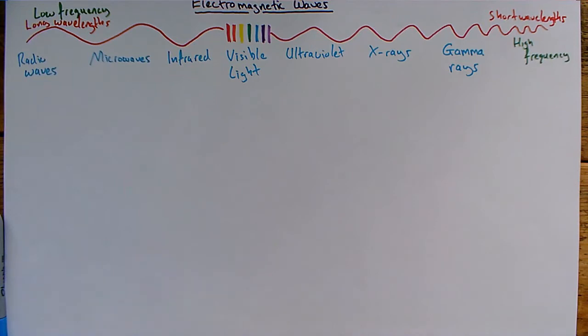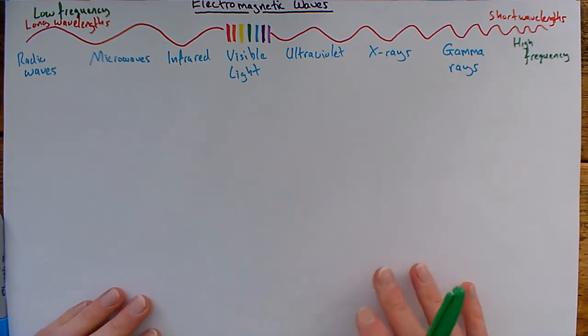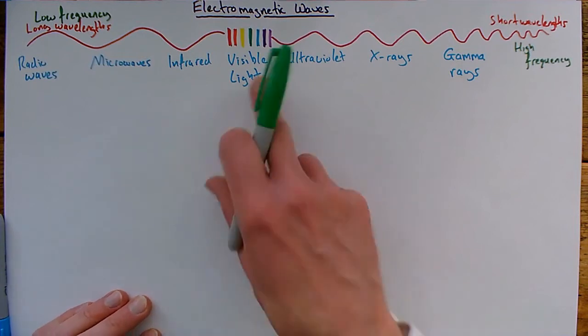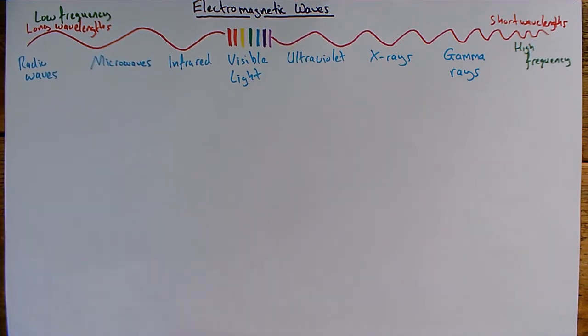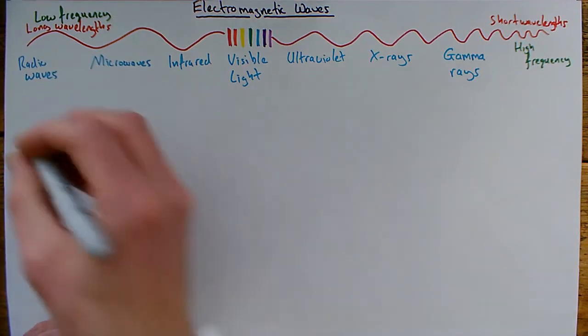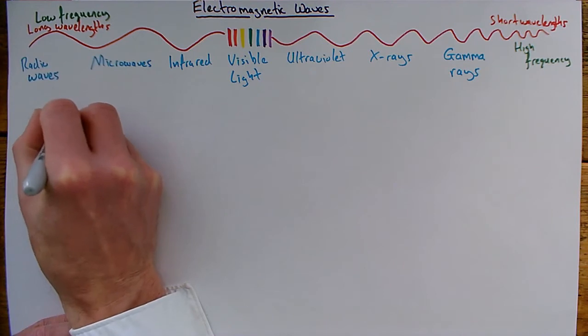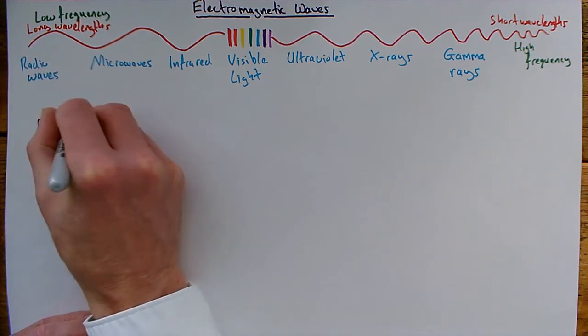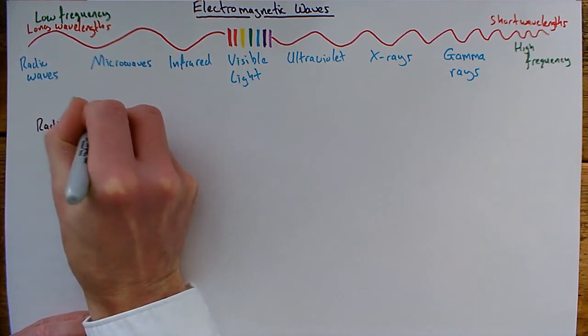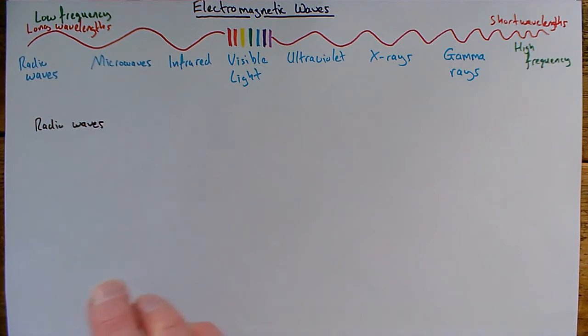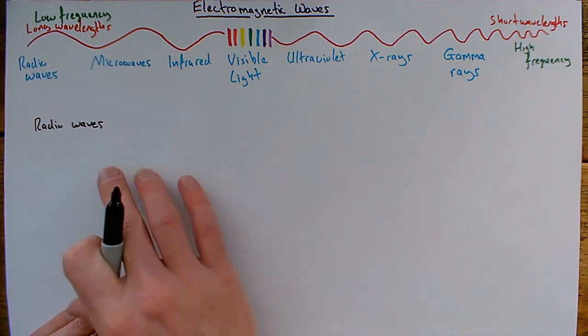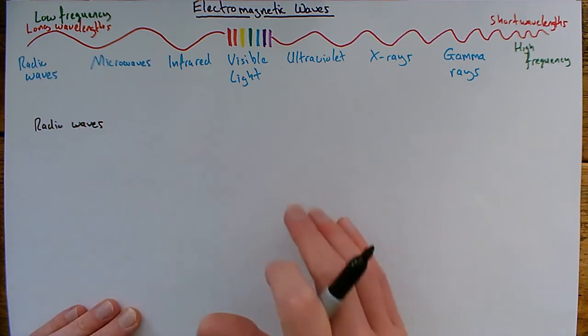The other thing we need to know about these electromagnetic wave types is some of their uses and some of their potential dangers. So let's go in order and let's start with radio waves. For each of these, I would encourage you to try to remember two uses.